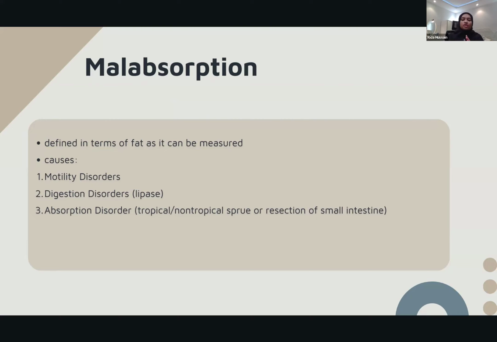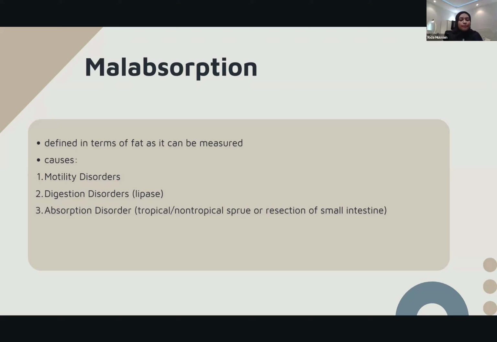Motility is an issue in movement. So it can be that you're emptying out your bowels too fast or too slow. So it doesn't allow for proper digestion.